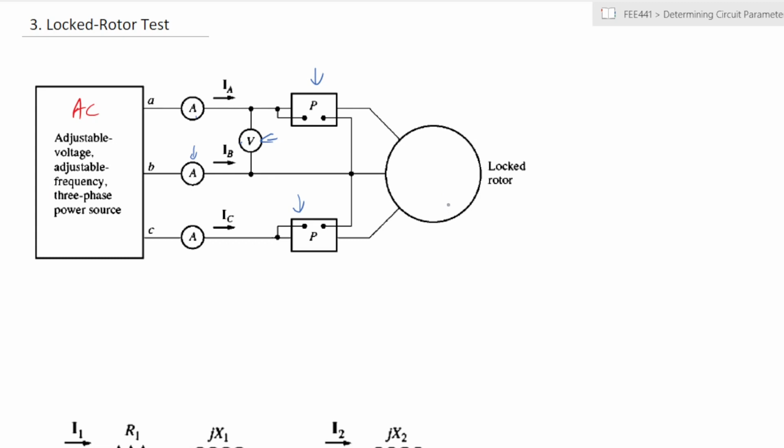Because you have your locked rotor, from the point of view of the motor, there is a very, very heavy load that has been applied. What this means is that even if you apply a very small voltage, the current induced in the rotor as it attempts to act against that load, the torque that is being supplied cannot overcome the load.